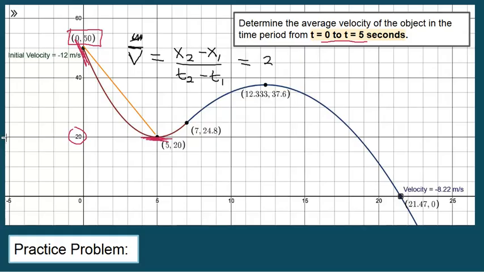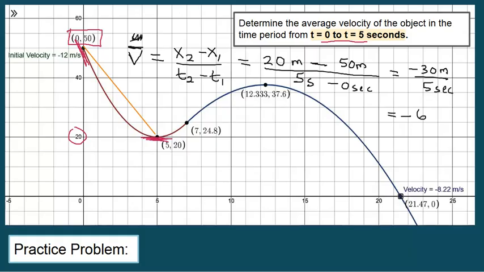So what happened later was 20 meters minus 50 meters, over t2 was 5 seconds, and t1 was 0 seconds. So we have minus 30 meters in 5 seconds, or minus 6 meters per second.